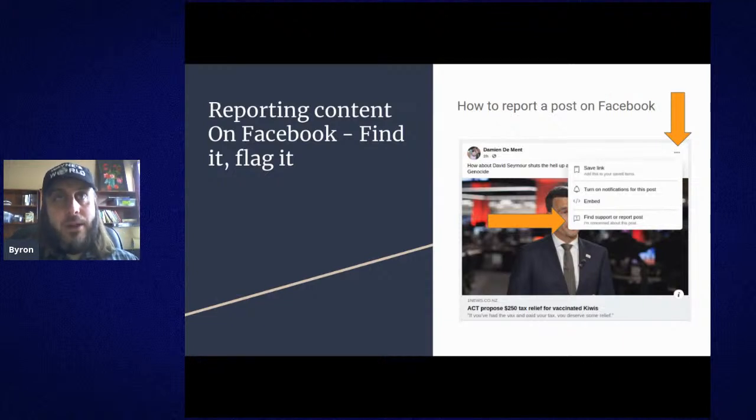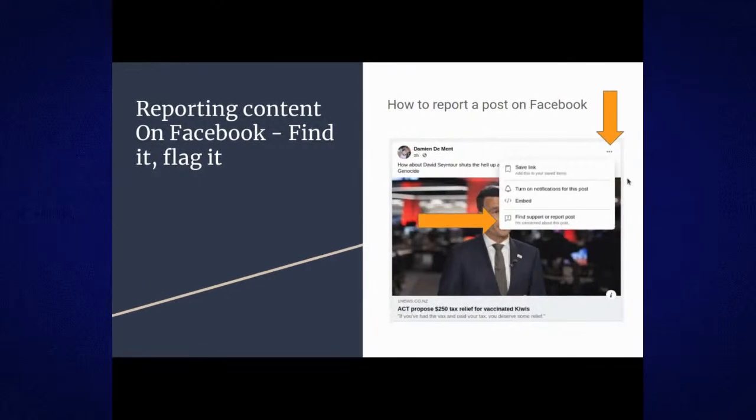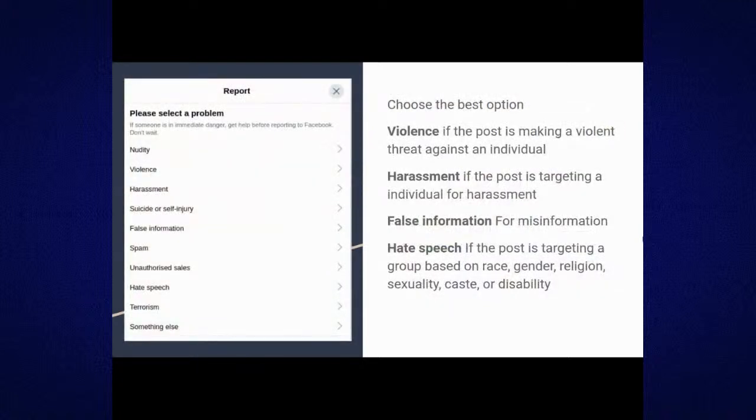So to report a post on Facebook, in the right corner of each post are these 3 dots. You click on those 3 dots and then you get a menu pop up which has the option find support or report post. It'll give you a list of options and you need to choose the best one.